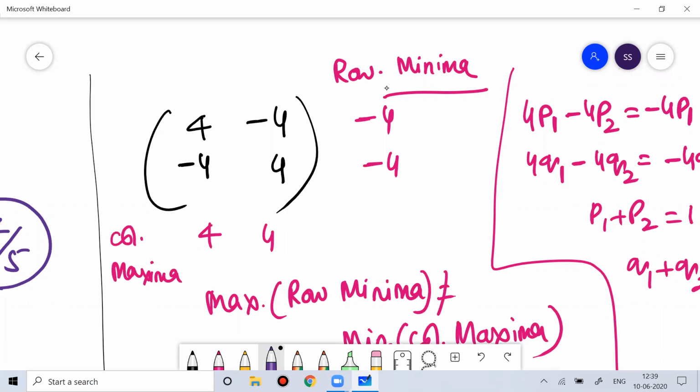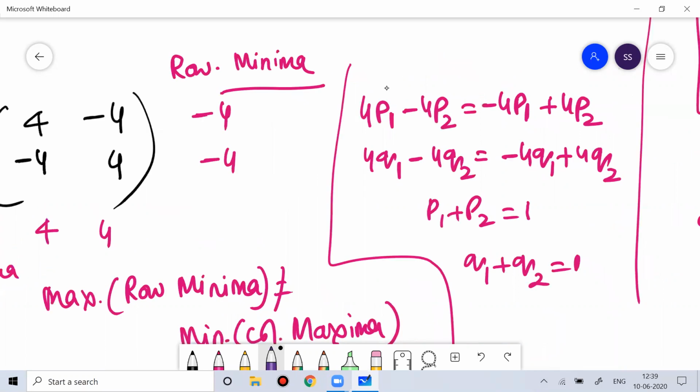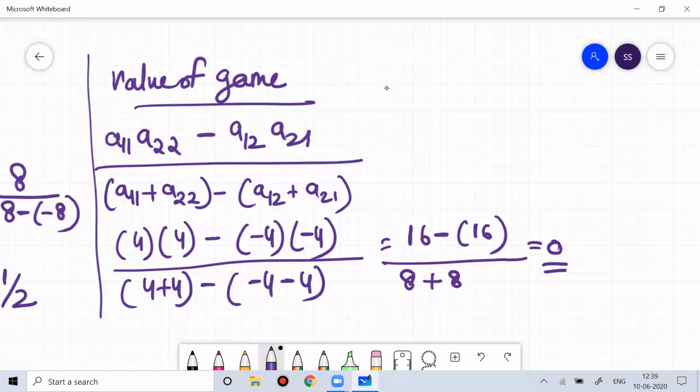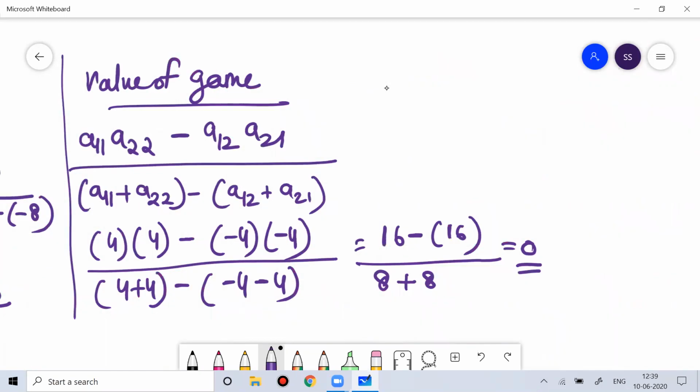Then you can either use probability to solve the problem, or you can use this formula to get the answer. Anyone have any doubt?